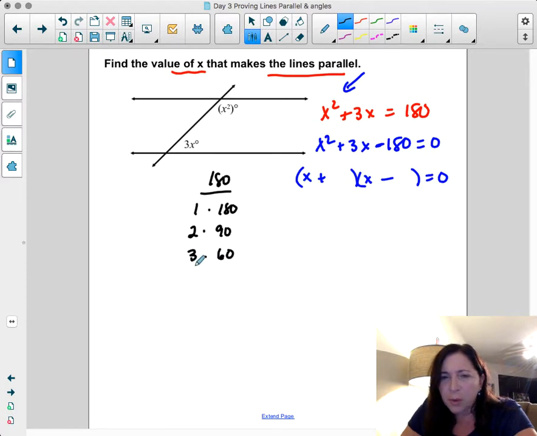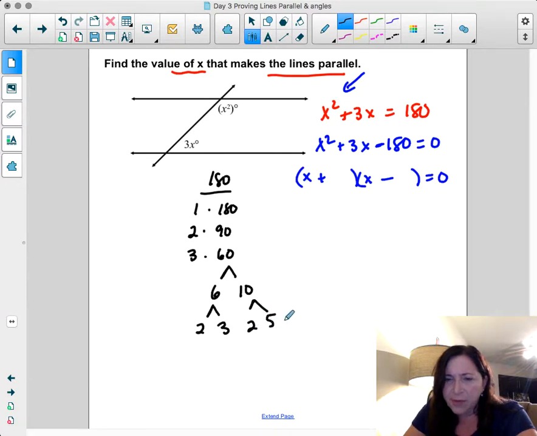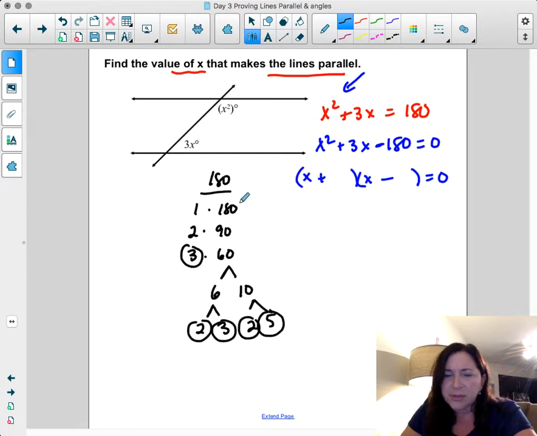So at this point, I'm going to ask what the factors of 60 are. If I broke this down, I see that's 6 times 10. Breaking that down, that's 2 times 3, and 2 times 5. And so what I have is 3, 2, 3, 2, and 5. So these are all the factors of 180.